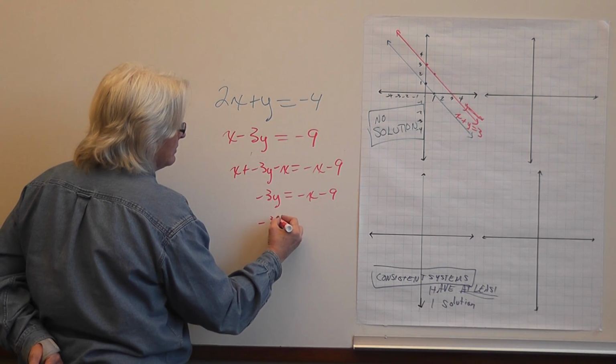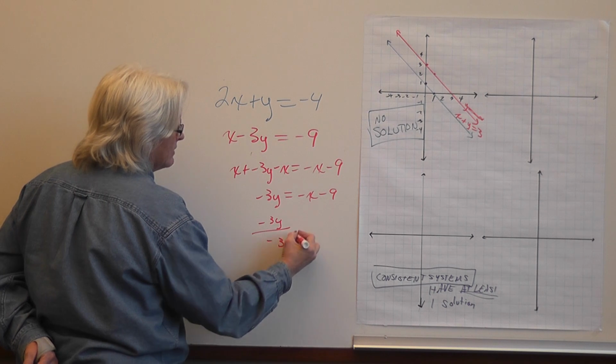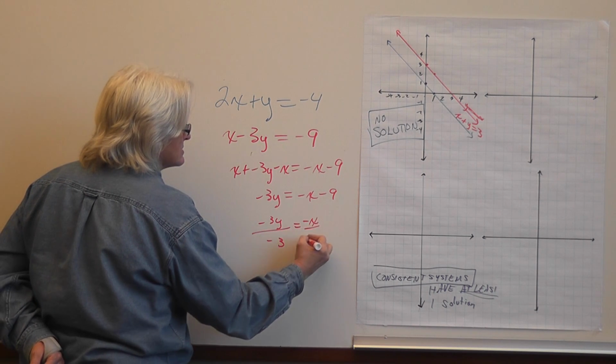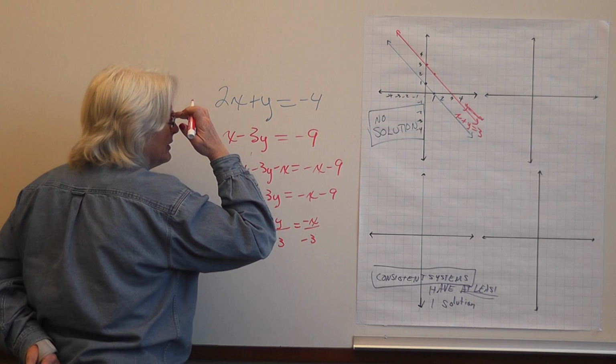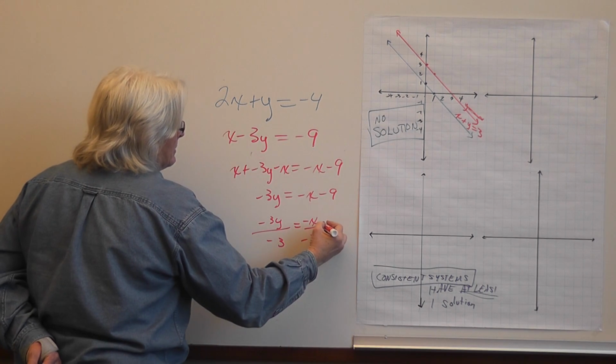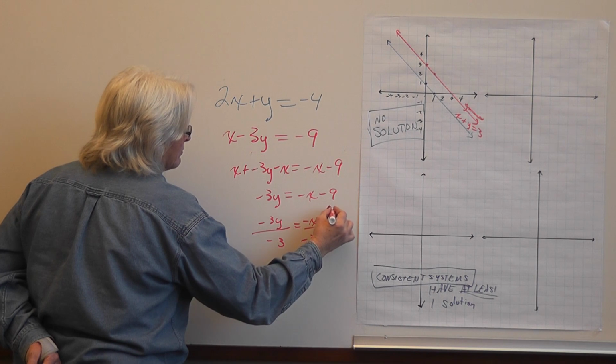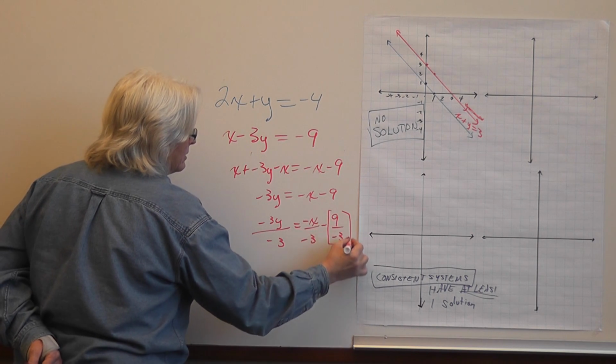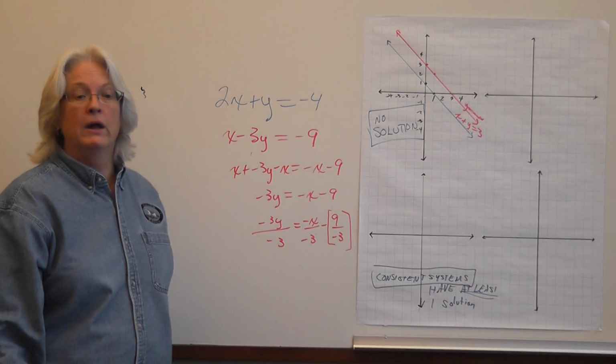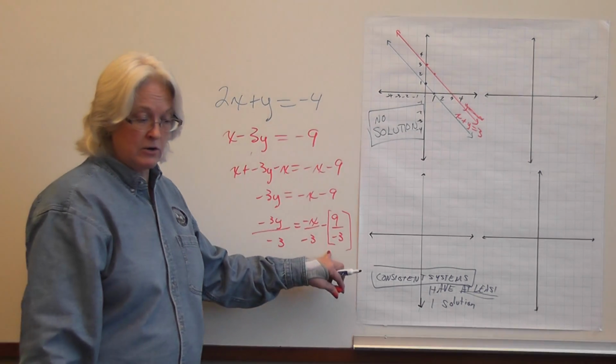We have negative 3y divided by negative 3 is equal to negative x divided by negative 3 minus 9 divided by negative 3. I'm going to go ahead and put that in brackets here.